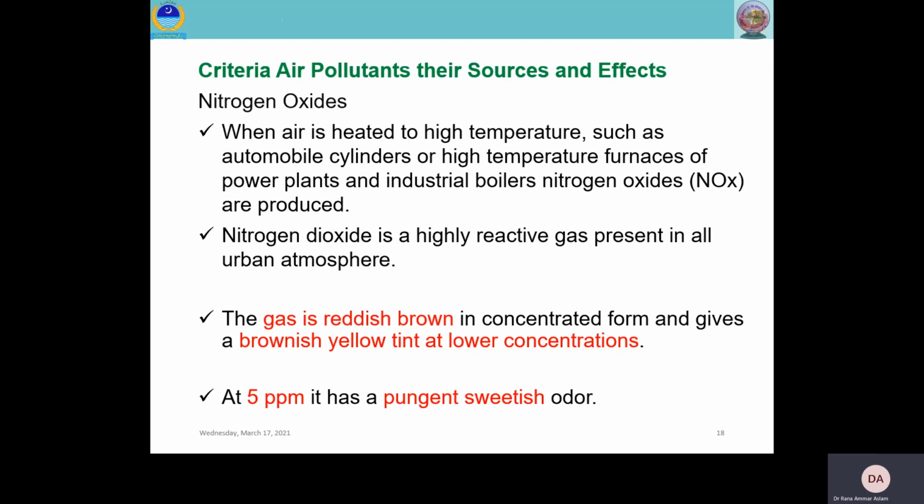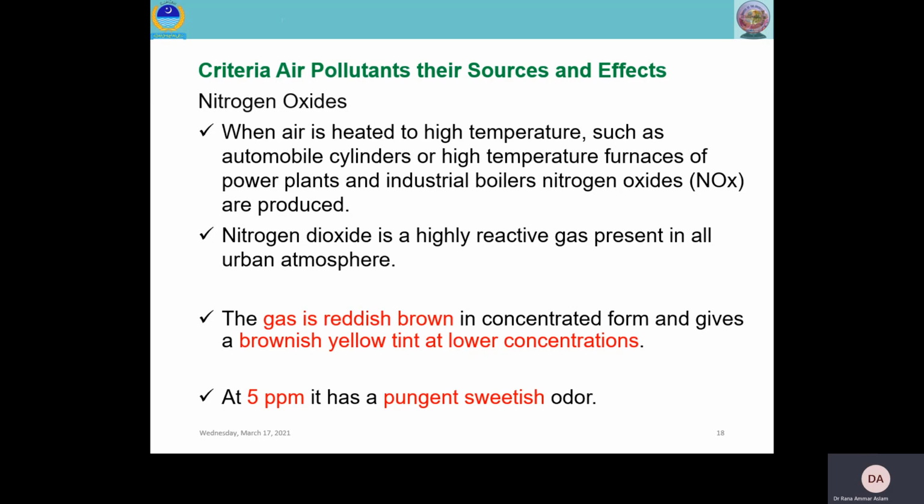They can also be generated from natural sources as well as from anthropogenic sources. From anthropogenic sources, these oxides of nitrogen are emitted when air is heated to a high temperature, such as in the automobile cylinders or in the furnaces or power plants and industrial boilers, right?